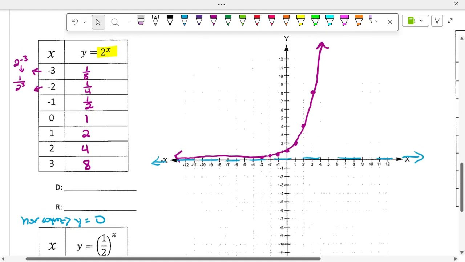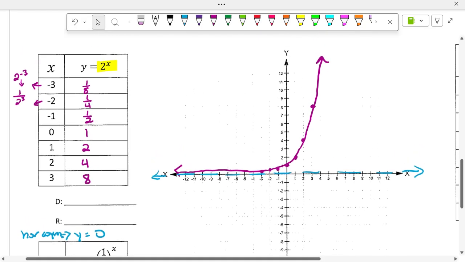Now, what do you think the domain of this function is? So go from left to right. What's my smallest x value? If I have an arrow going on forever and ever, what's actually the smallest x value on the number line here? Negative infinity. Good.